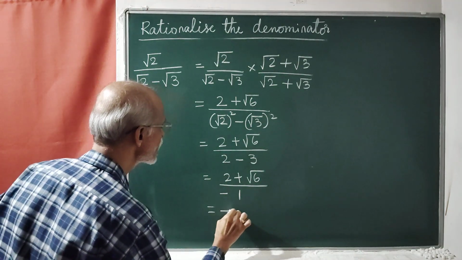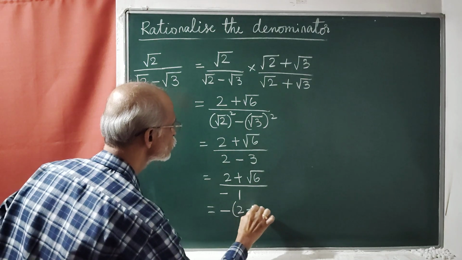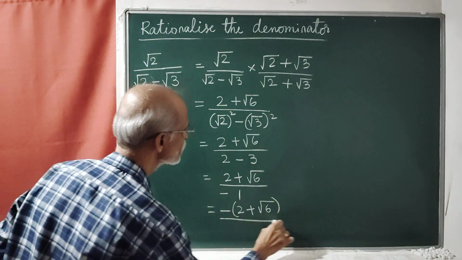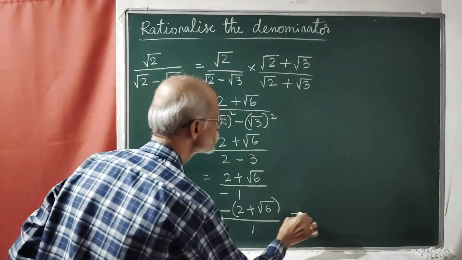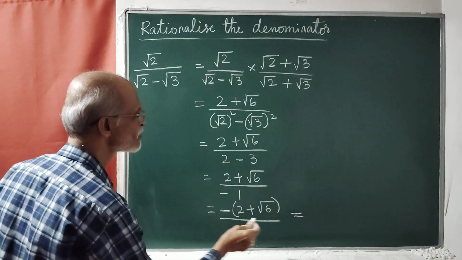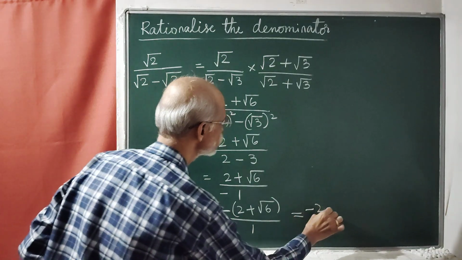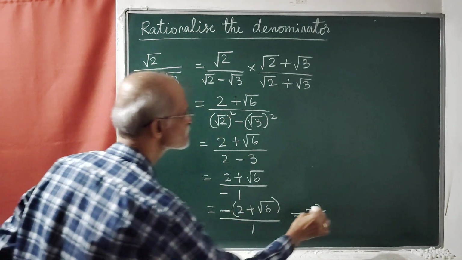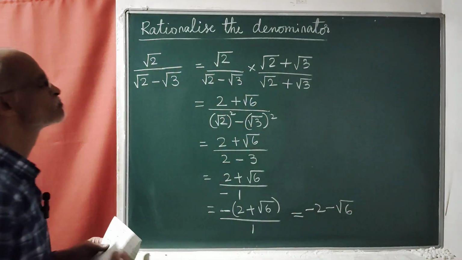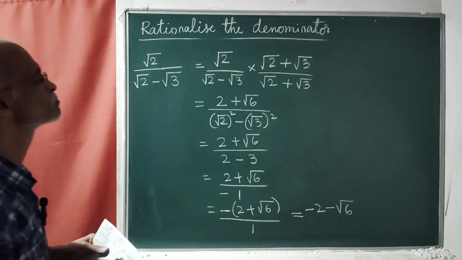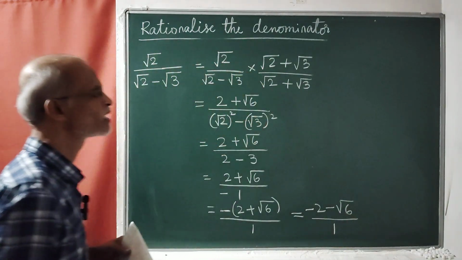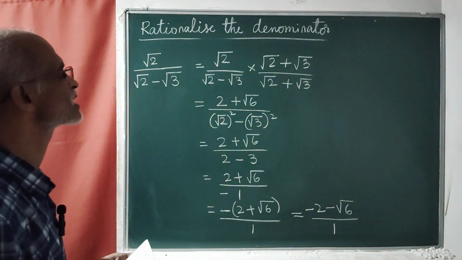That's equal to minus 2 plus root 6 divided by 1. So when you open the bracket, minus into plus is minus, so minus 2, again minus into plus is minus, minus root 6. The whole divided by 1. You can see the denominator has been rationalized.